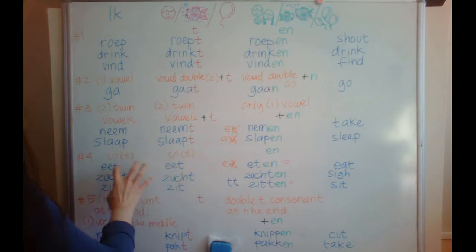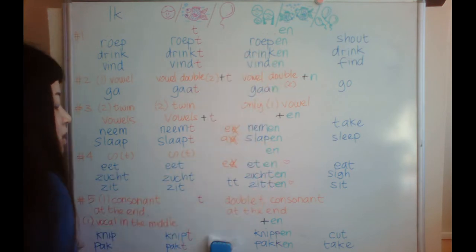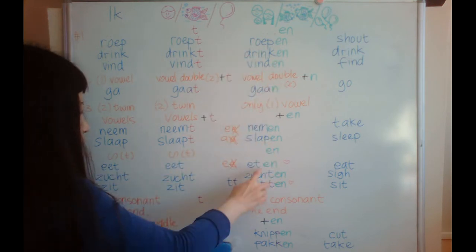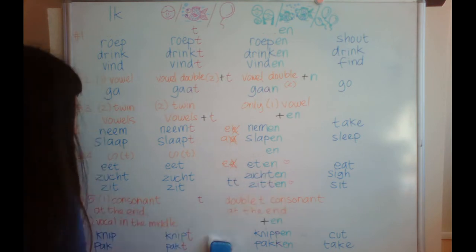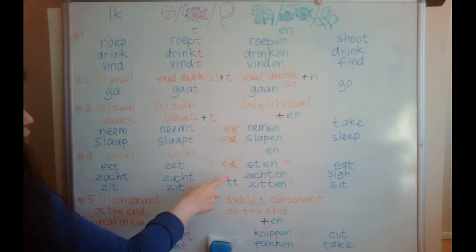So it's the same. And then for subject that consists more than 1, you put the AN. Like here for Zucht, Zucht, Zucht, Zuchten.